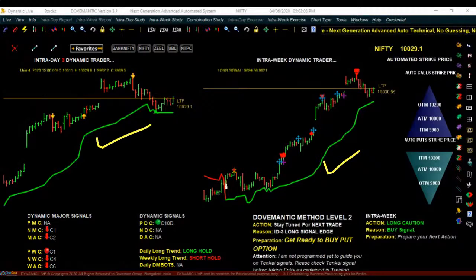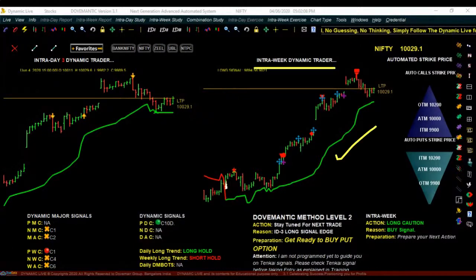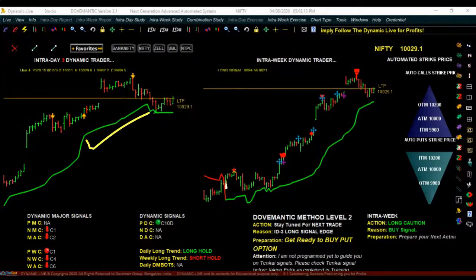Now, there are three basic things that you're supposed to learn before we try to understand the method here. If you're looking at the long signal in an intra-week chart, we call it an intra-week long signal. If you're looking at the long signal in the intraday chart, we call it the intraday 3 long signal. So what are the three basic things? The first thing is that this long signal has a character.